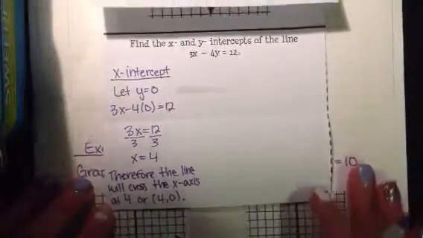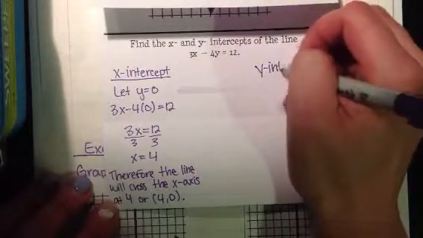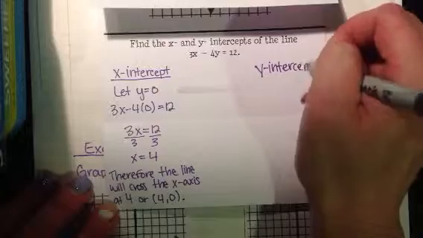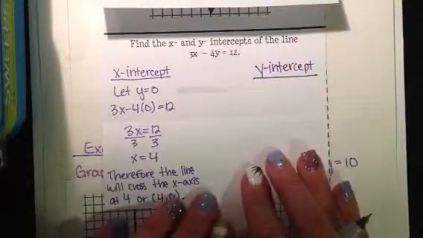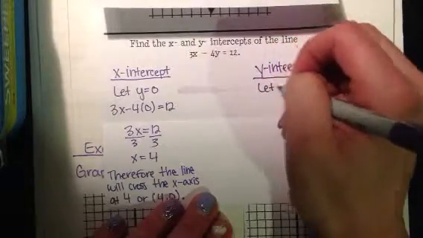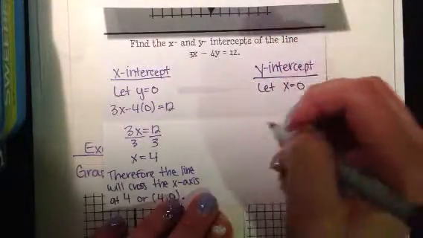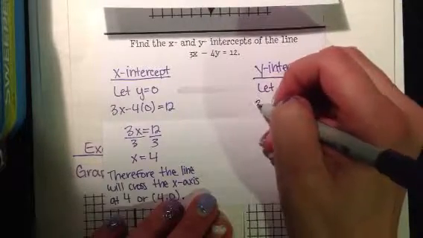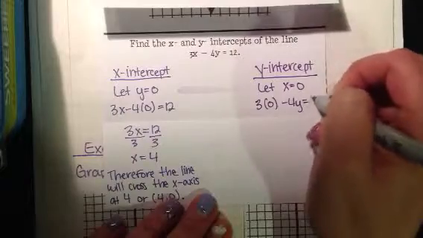So now let's solve for the y-intercept. Over here we're going to do the y-intercept. This time we're going to let x equal 0. We're going to plug in 0 for x in the original equation.